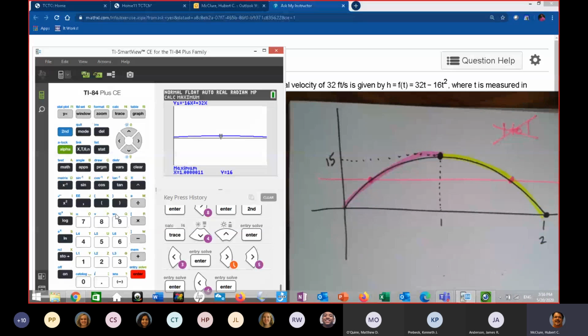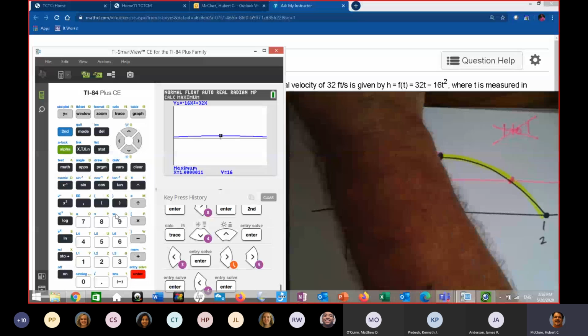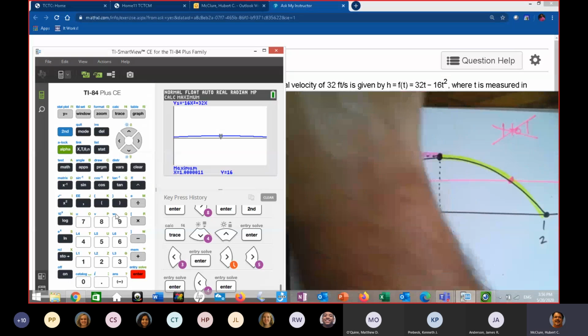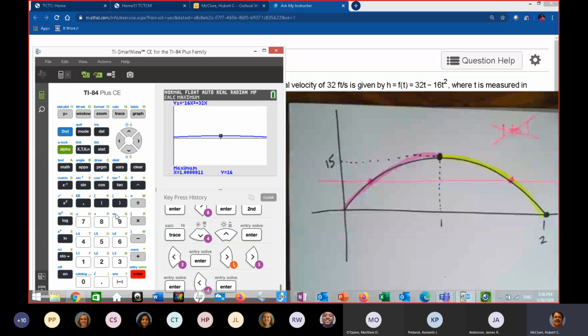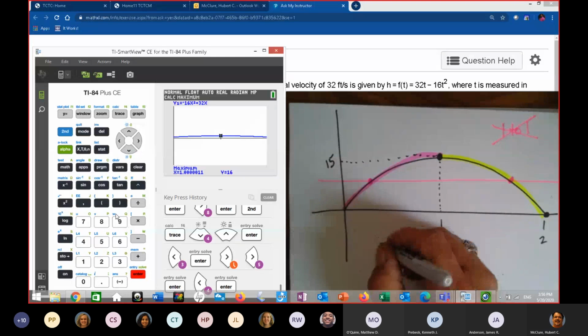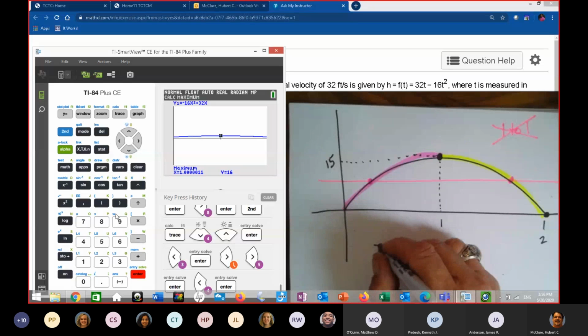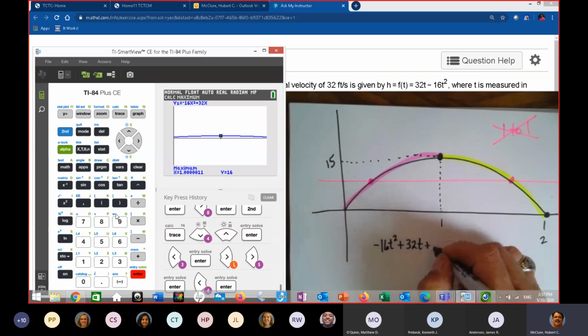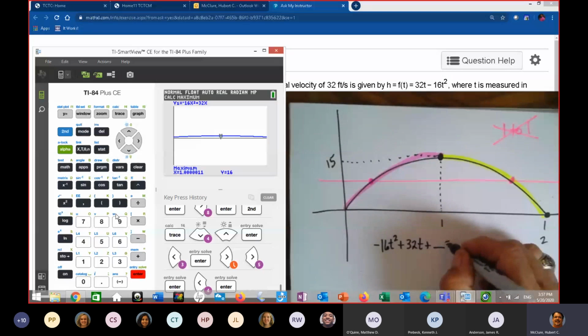So now we're going to do completing the square. All right, we're going to set it up as negative 16t squared plus 32t plus blank is equal to h plus blank.